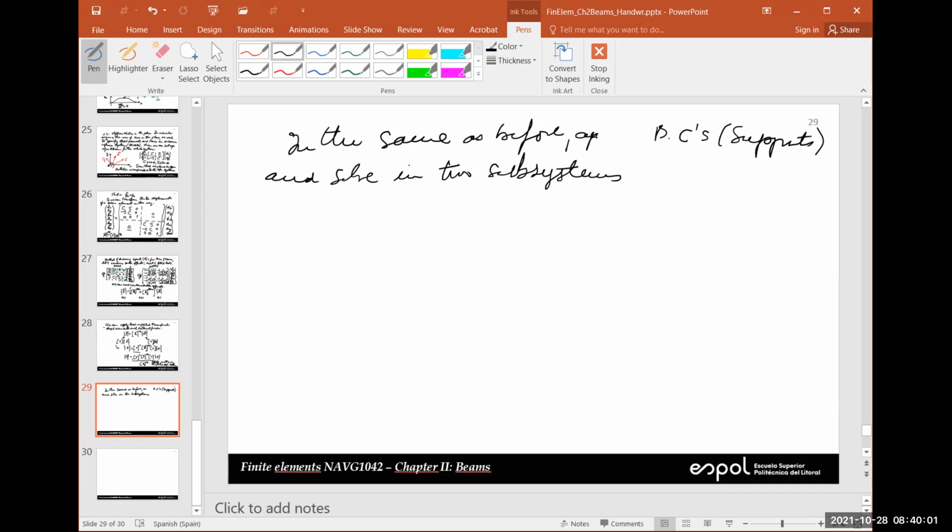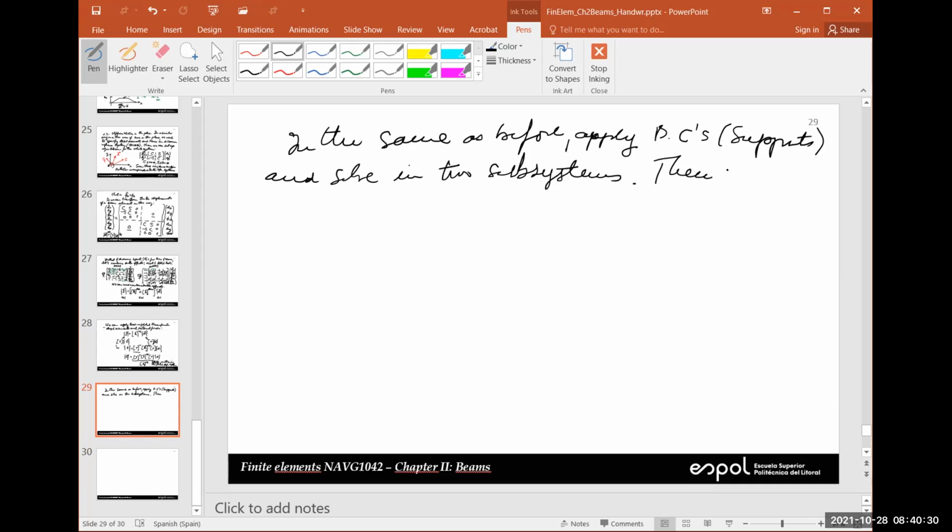In the first subsystem, you solve for the unknown displacements. And after completing that step, you have all displacements known. You multiply by the big K matrix, and then you will have the external forces at the supports, that's the reactions. Okay?